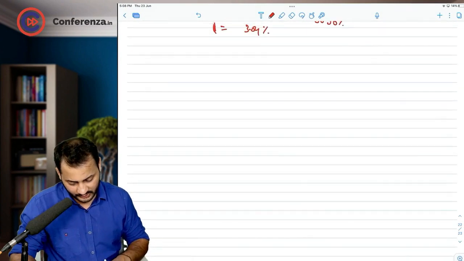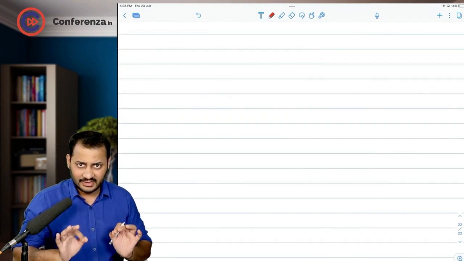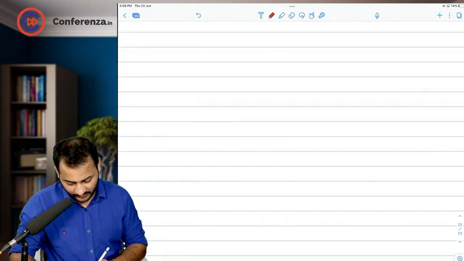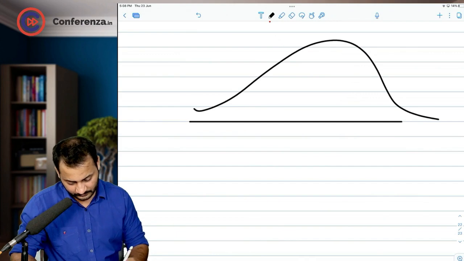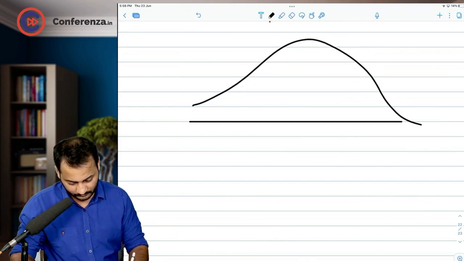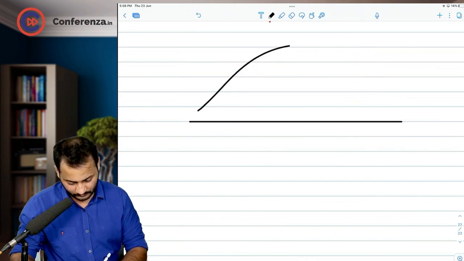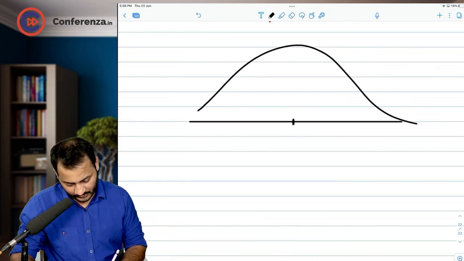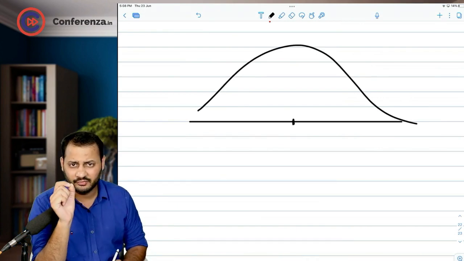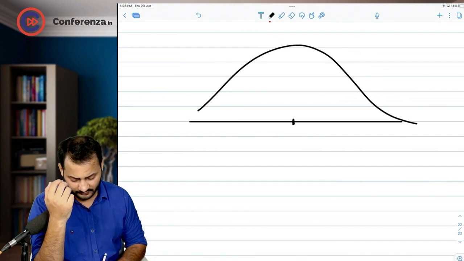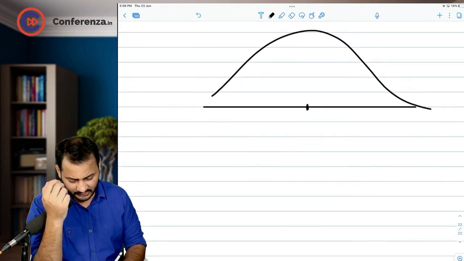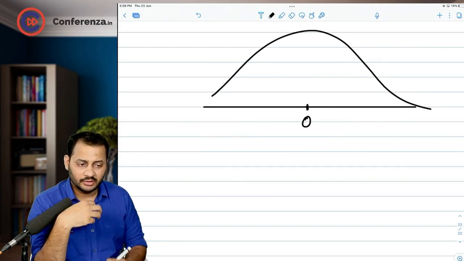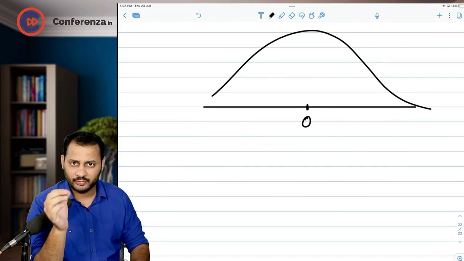Now focus on this. Since the question clearly says that the figures are normally distributed, we are going to draw a picture like this. Okay. In the center, the exact mean, we will start with the profit or loss. Since we have just invested, we take it as 0, because the moment you invest in the market, your profit or loss is 0.